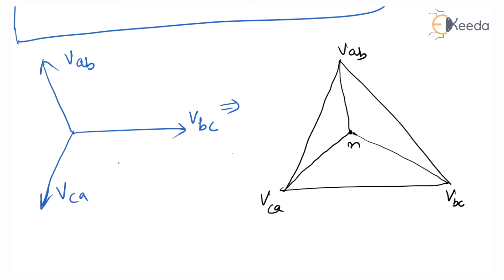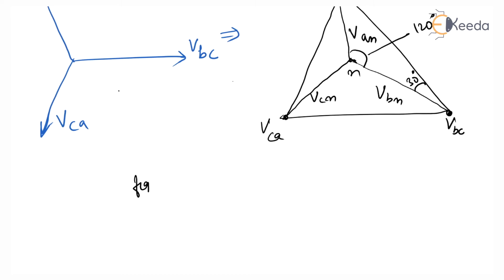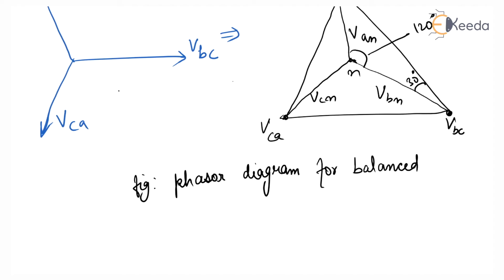So this is N, this tip will be A and this is VAN, this tip will be B, this is VBN, and this tip will be C. So this is VCN, and suppose this angle is 120 degrees, and this angle is 30. So this figure shows a phasor diagram for a balanced three-phase system.